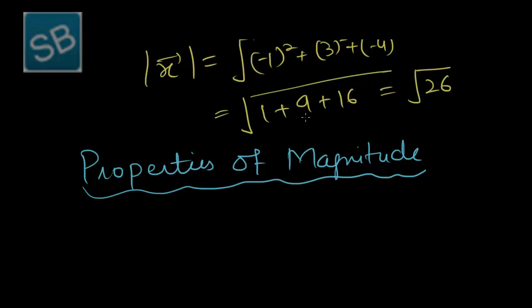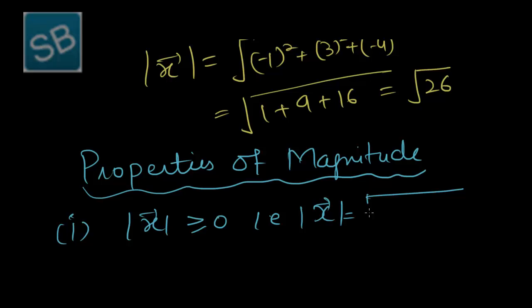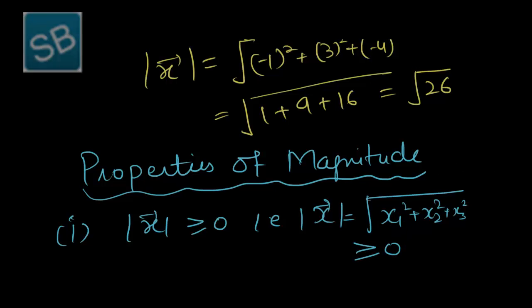If we have to find the distance between two quantities, we can't say it is -10. Distance is always a positive quantity, so magnitude is always positive. So the first property is modulus x is always greater than or equal to 0.